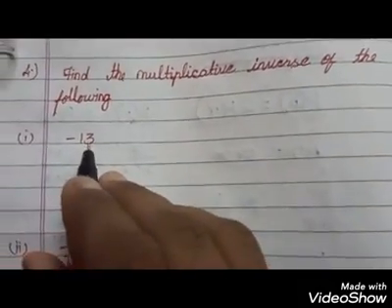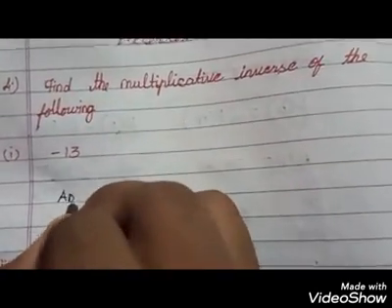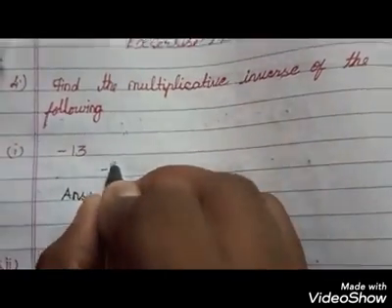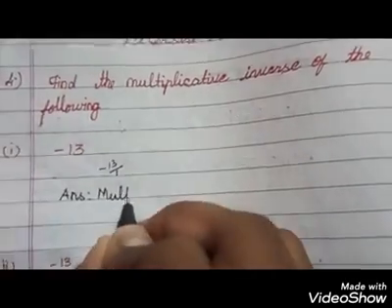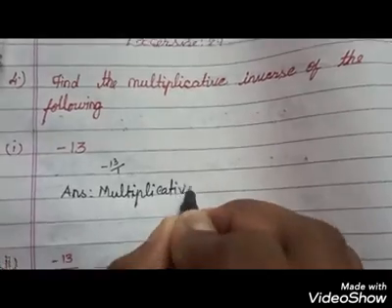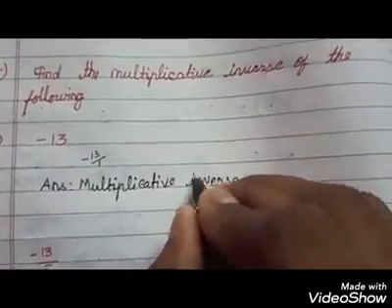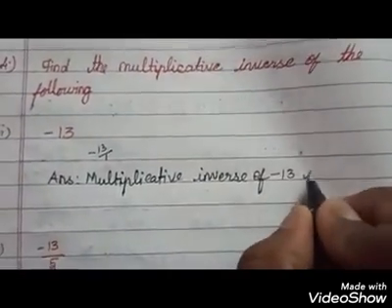So minus 13. So for the answer, you should write: minus 13 can be written as minus 13 divided by 1. So you have to write the multiplicative inverse of minus 13.